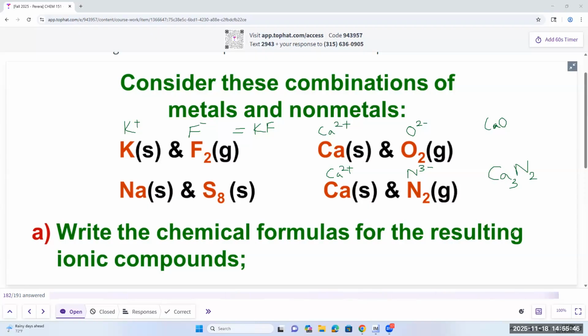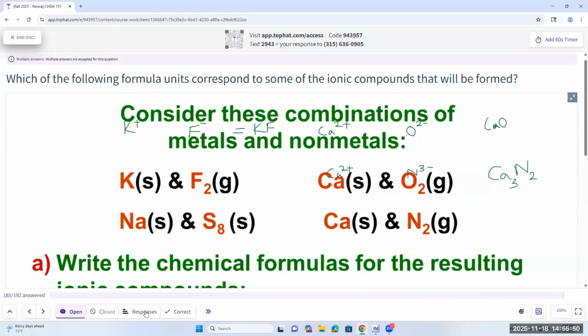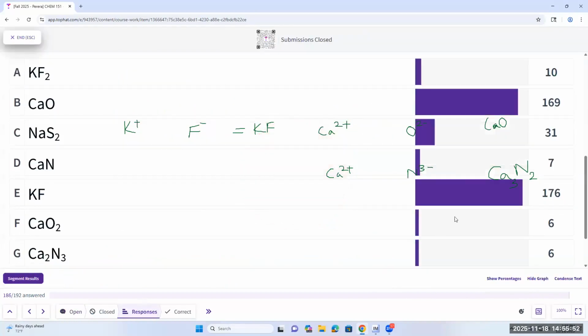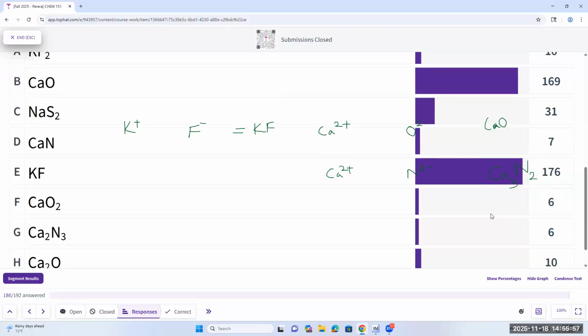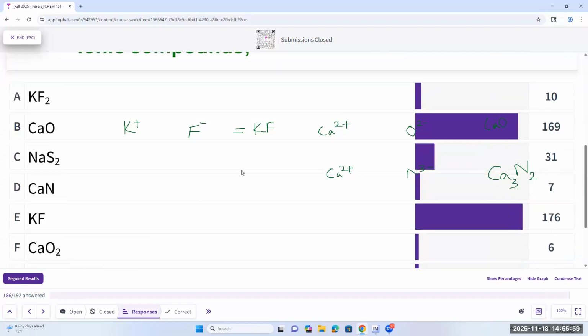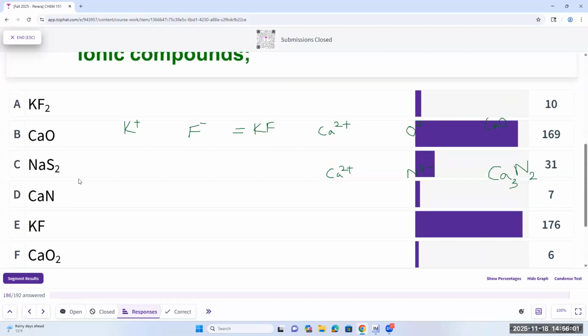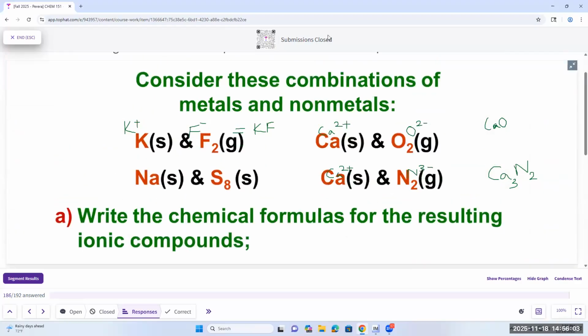I'm going to close this question now because I want to see how we did on the other one. Most of you selected calcium oxide, potassium fluoride, and calcium nitride. Now, there's no correct answer for sodium sulfide. The reason is sodium is going to form +1.